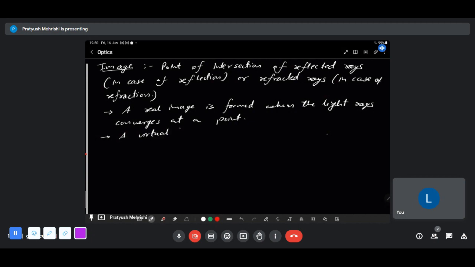Now, it is not necessary that we are taking the object in front of the mirror. See like this. If this is the mirror, F is here, and light rays are coming like this.